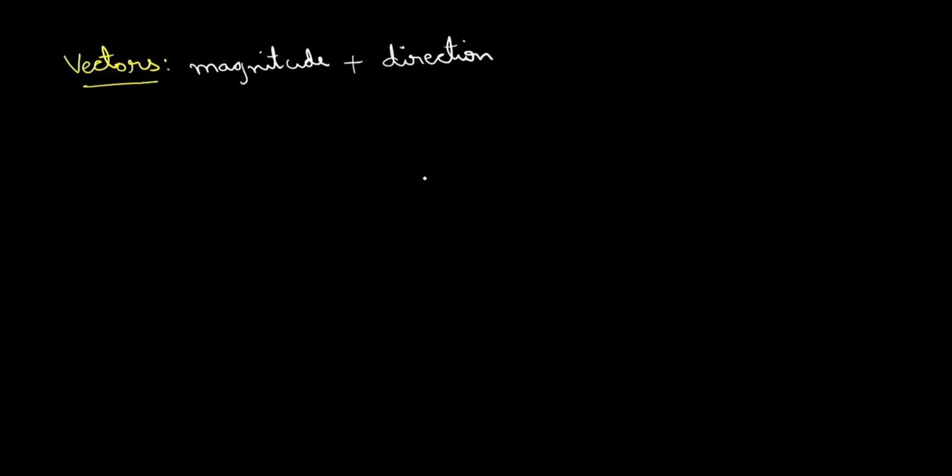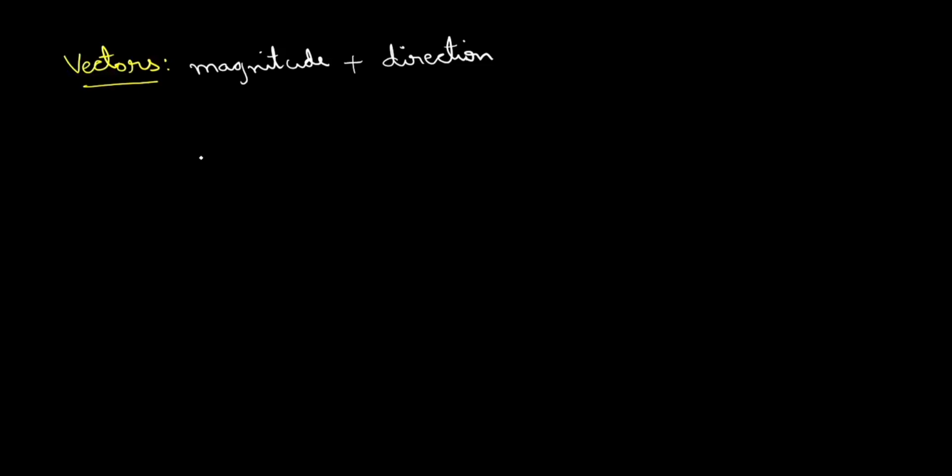I will give an example. If we say, displace a particle from a point by 5 meters, we will have questions like from where to where I have to displace this particle.